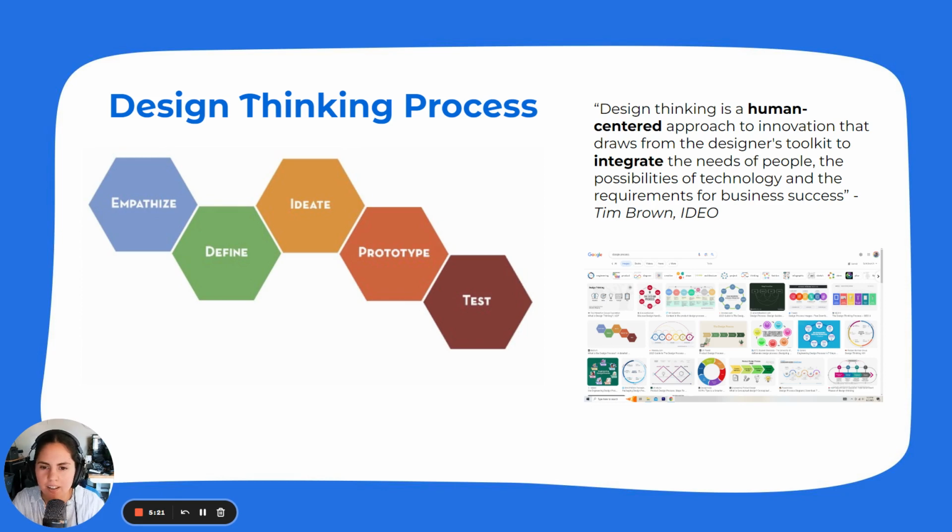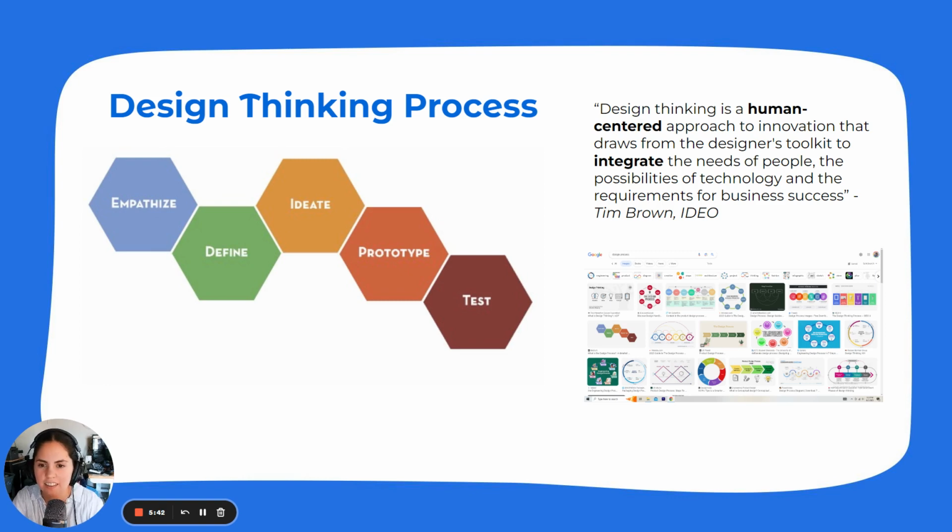And I would like to share with you this quote. It's from the founder and creator of the organization IDEO, which is in Silicon Valley. His name is Tim Brown, and they use this design thinking process a lot to solve problems.